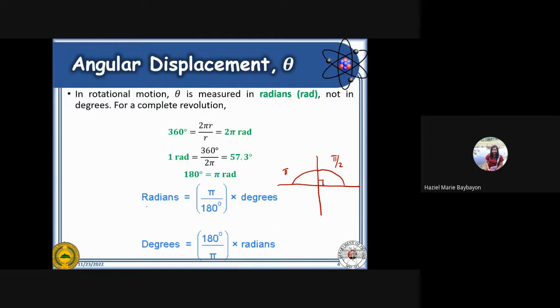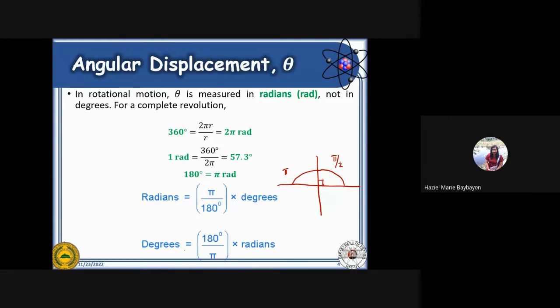So if you want to convert degrees to radians, then you can use this equation. So pi over 180 degrees multiplied by pila ka degrees. For example, 360 degrees, you want to convert it to radians. So 360 times pi over 180, you will get 2 pi radians.